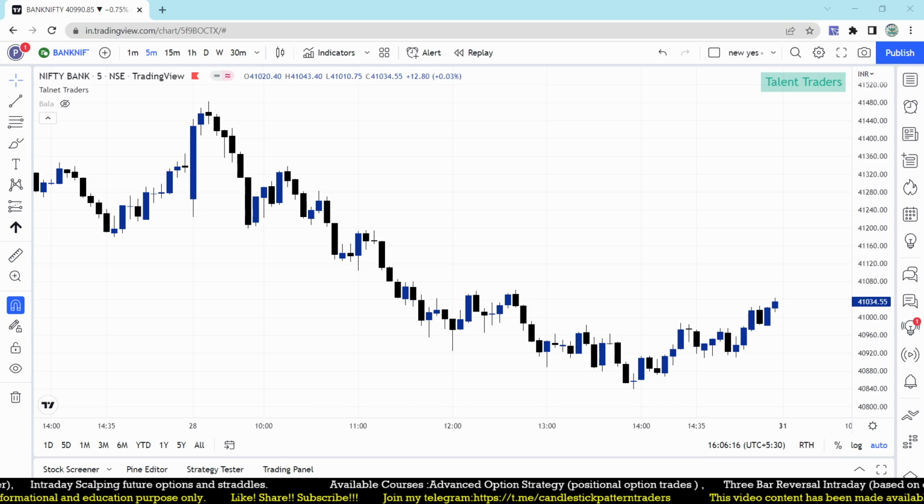Is there any pattern, the same pattern which is present on the Bank Nifty put side? We can go for trade opportunities, or we can focus on opportunities. So let me go for the Bank Nifty put option.